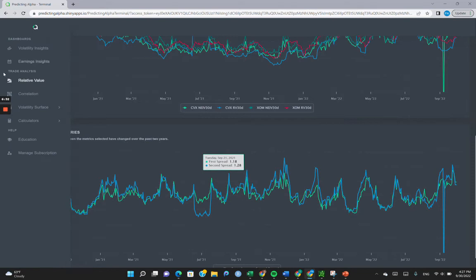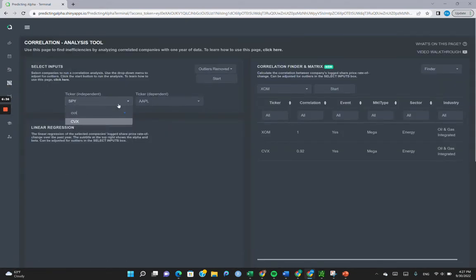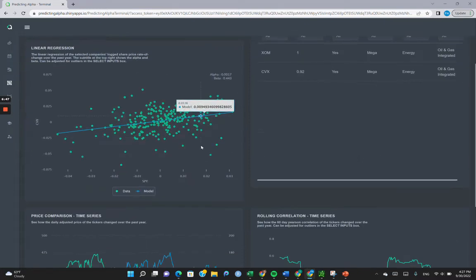And by the way, we can actually see how much market exposure Chevron has. Our dependent variable here is going to be Chevron. Our independent variable is going to be the S&P 500, outliers removed. And we can see that this is a beta of 0.44.